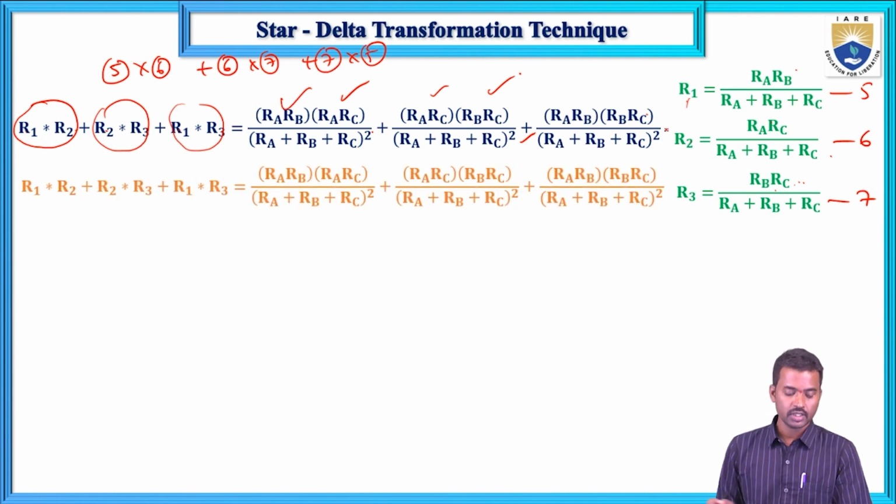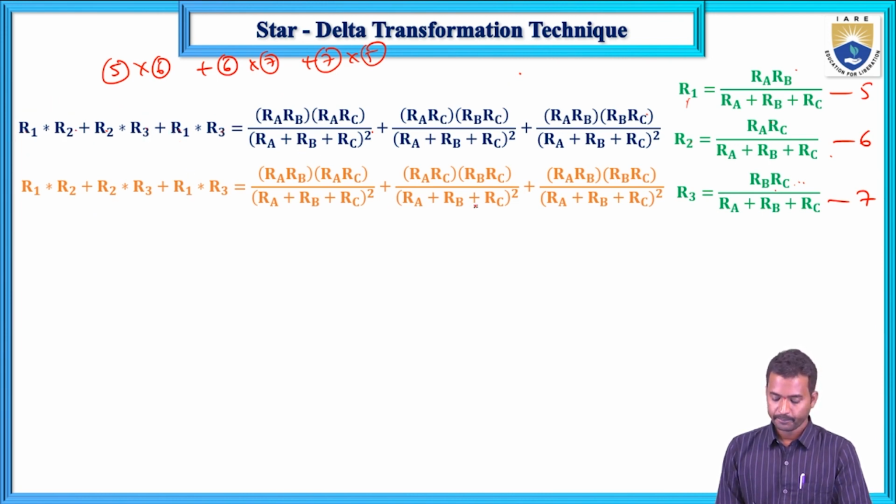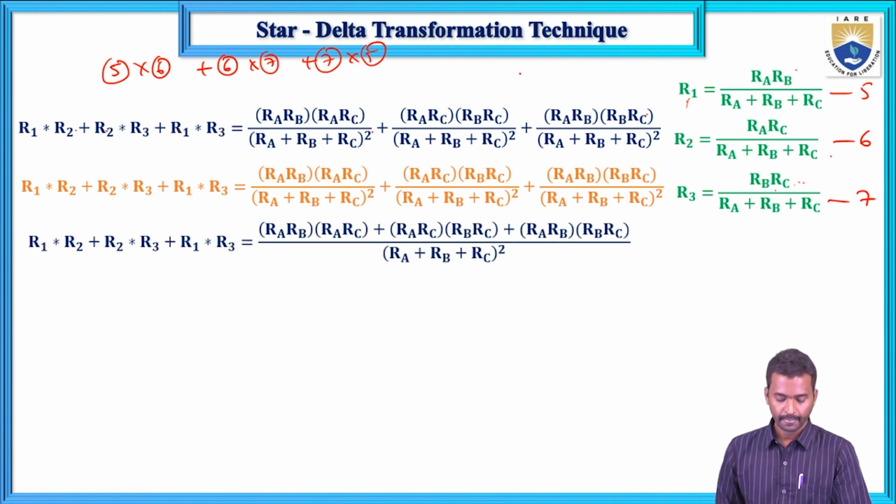Now next case, this is same as the LHS side. The same equation is here, RA RB RB, RA square.